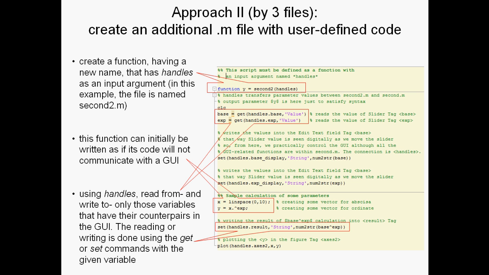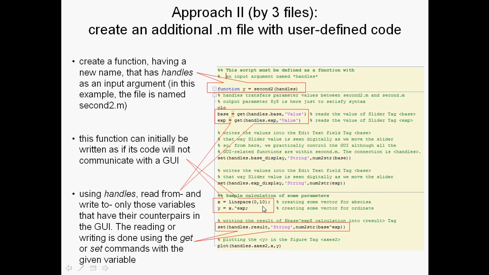Now let's show the difference. In this moment we need to create a new function having a new name that has handles as an input argument. So as it's emphasized here, we created a new function that we call second2, which has one argument called handles. This function can initially be written as if its code will not communicate with the GUI, so that's nice to know.